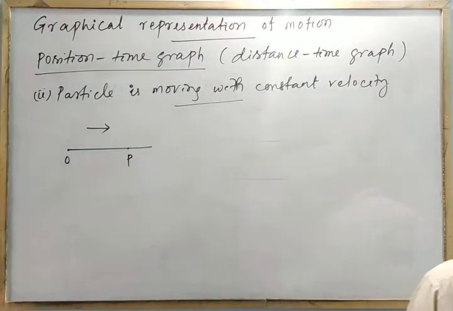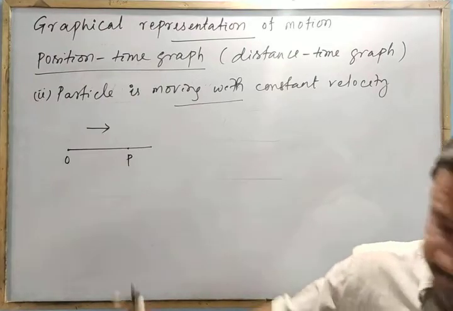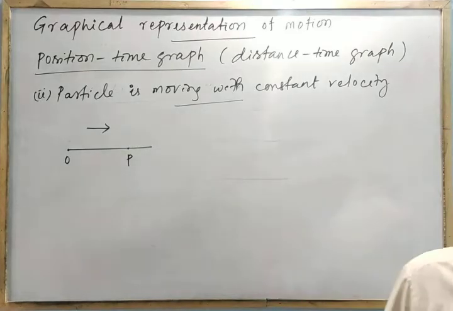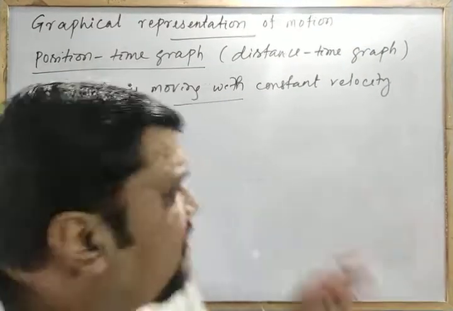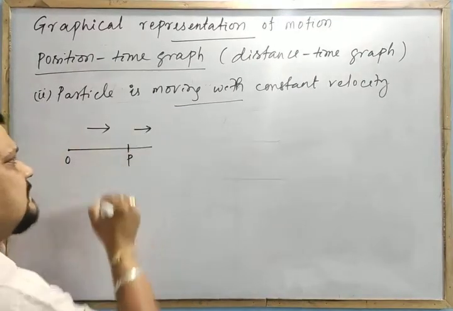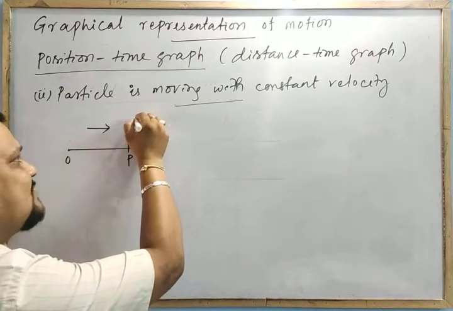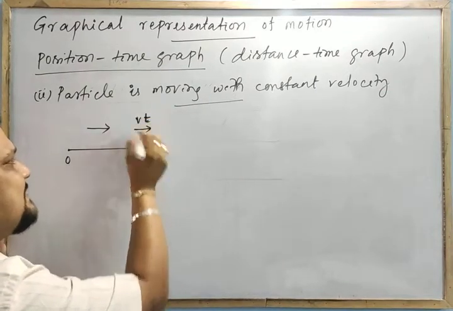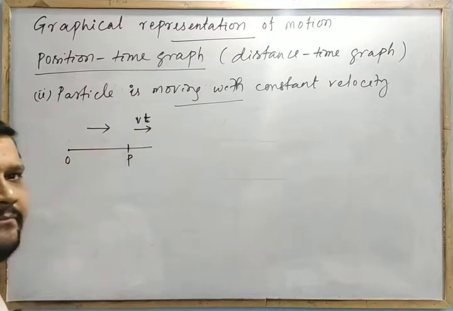Clear? So you are at the origin O and the particle is moving towards the point P. Now it is moving along this direction. If it is moving with a velocity v, then in time t the distance it will cover is Vt.